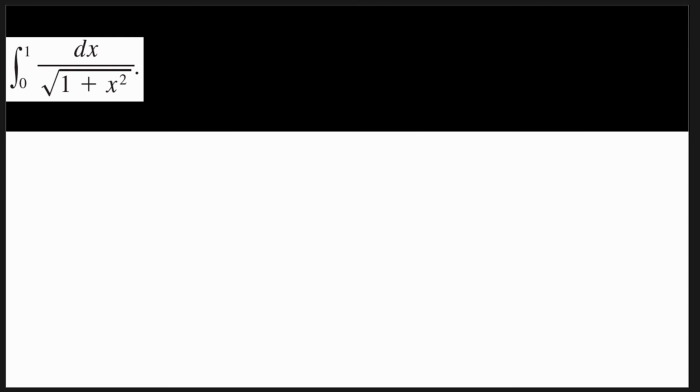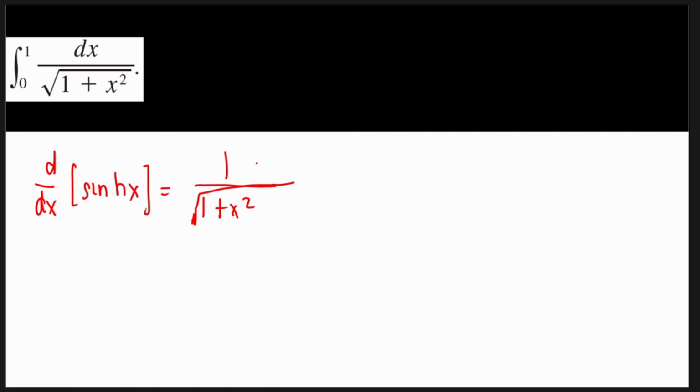Looking back at the differentiation formulas, the derivative with respect to x of the arc hyperbolic sine of x is equivalent to 1 over the square root of 1 plus x squared, right?